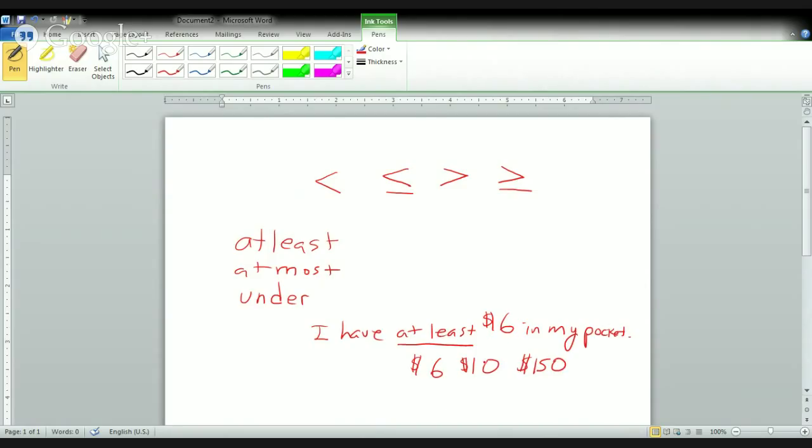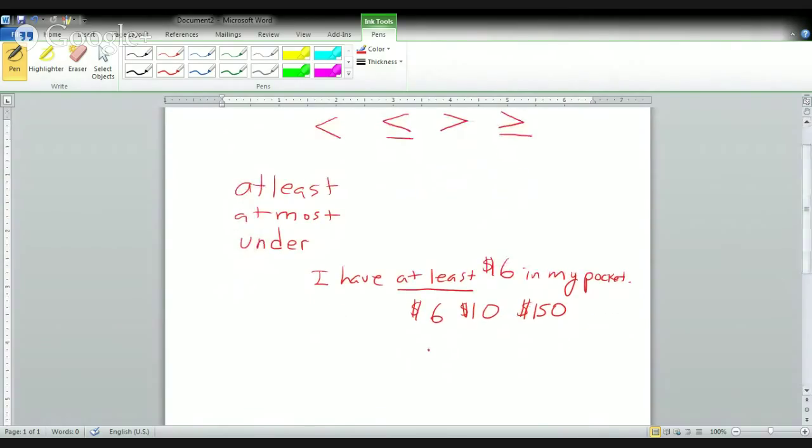So what we see here is that at least, if I have this money in my pocket idea going, at least tells me that I have greater than or equal to, because I could say I just have $6. If I have at least $6, then $6 could be the total amount, or it could be the 150, it could be even more than that.